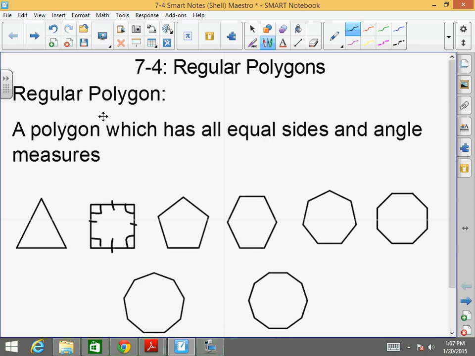This is a regular pentagon only if all sides and angles are congruent, and it keeps going down the line. Got a hexagon, a heptagon, octagon, nonagon, decagon, okay? I'm not going to draw the tick marks for all of them, but you get the point, hopefully. A regular polygon means that it's a polygon that has equal sides and equal angle measures.